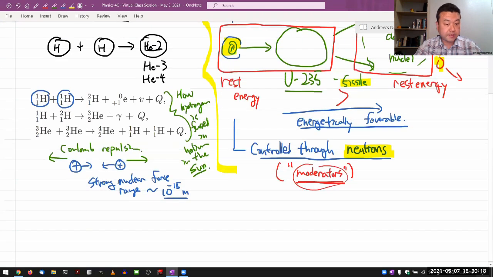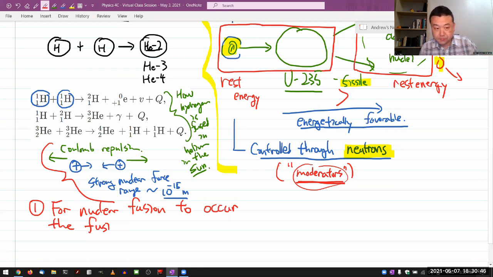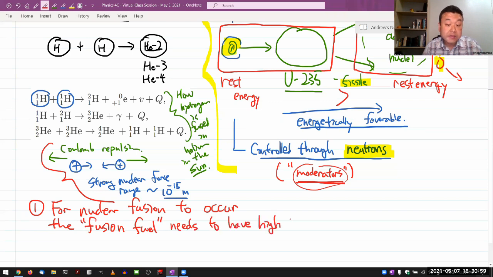For nuclear fusion to occur, the fusion fuel, which in this case is hydrogen, but it can be other material too, needs to have high kinetic energy. Because you can almost think of this classically. You can think of this as two positive charges that are moving towards each other. You need to get them to close enough distance where the nuclear reaction can take over and allow fusion to occur.